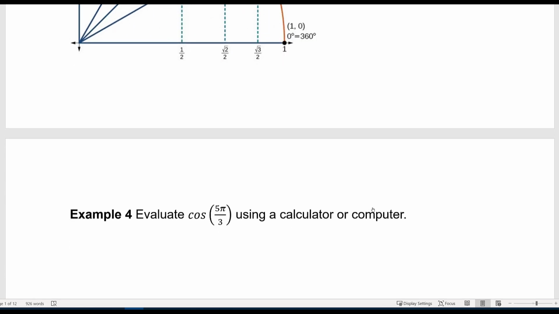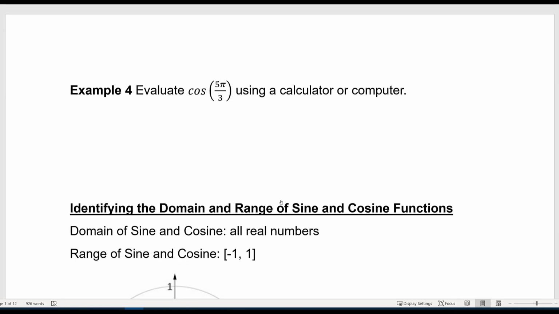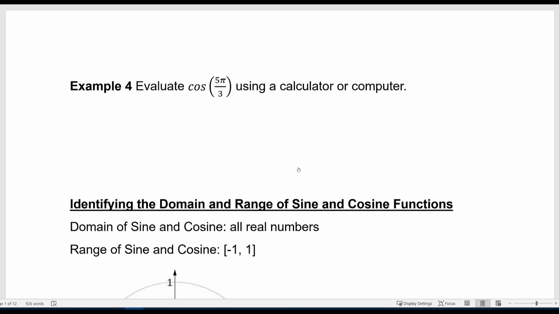Okay. So evaluate cosine of 5 pi over 3 using a calculator or a computer. Well, you can do that. 5 pi over 3, if you think about it, here's pi over 3, here's 2 pi over 3, down here would be 4 pi over 3, and over here is 5 pi over 3.